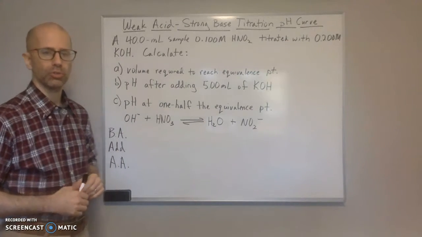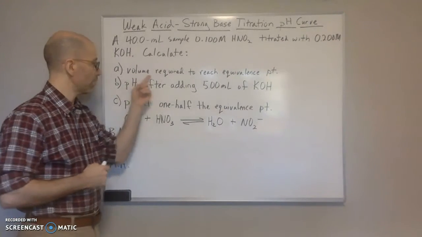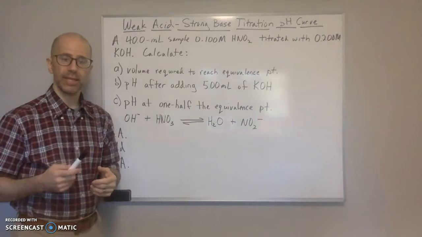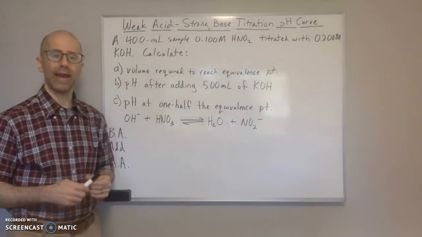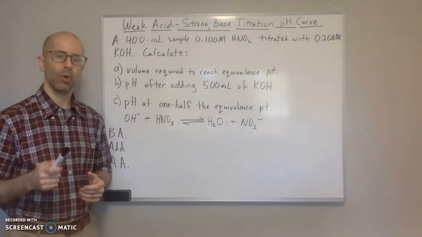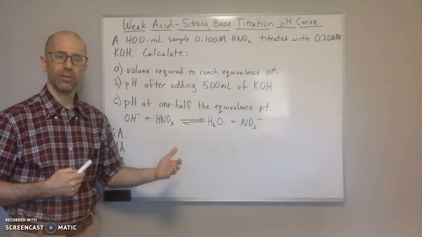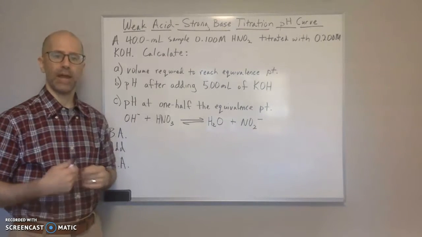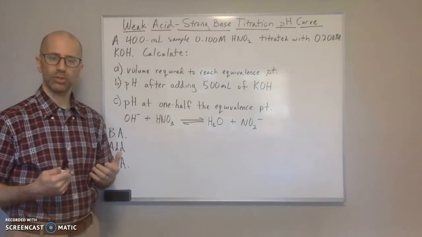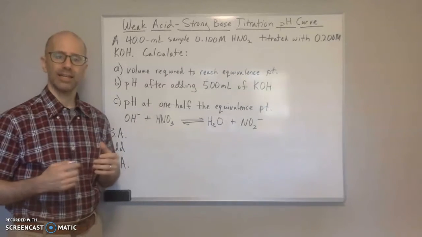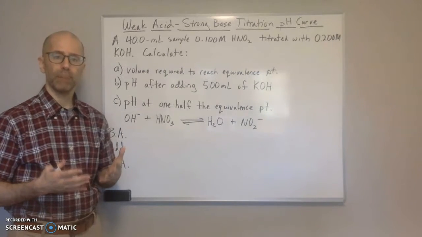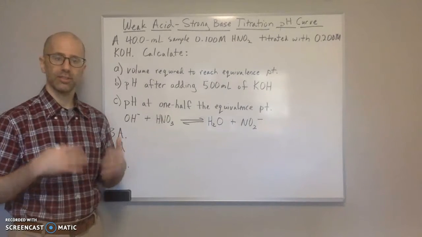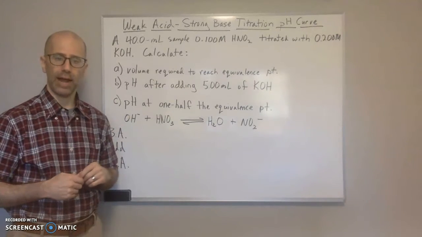To remember, here they wanted it at the equivalence point. We said the equivalence point is where you've added equal moles of your base and your acid. So if you're titrating an acid and adding base, at the equivalence point you have added an equal amount of base to the acid to neutralize all of your acid.